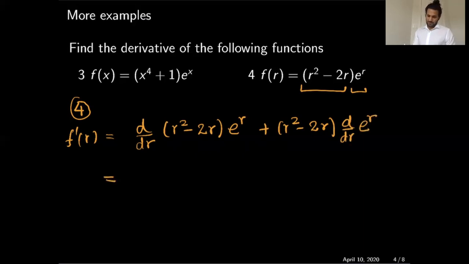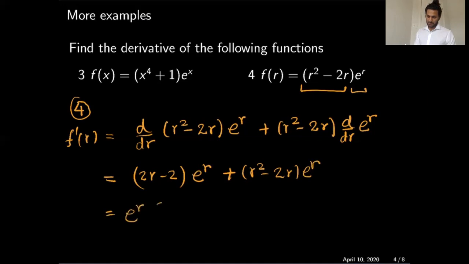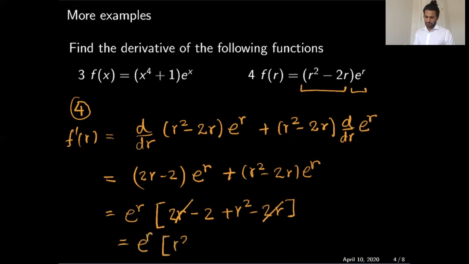So derivative of the first term is 2r minus 2, e to the power r is as it is. And again, derivative of e to the power r is e to the power r. Therefore, r square minus 2r times e to the power r. Since I can pull out e to the power r, I will have 2r minus 2 plus r square minus 2r. This cancels. So our final answer is e to the power r times r square minus 2.